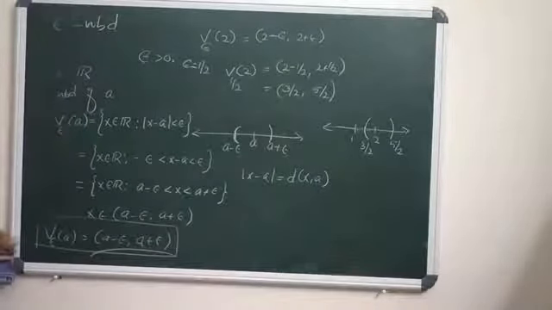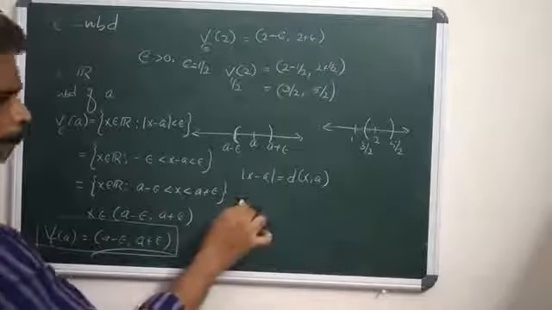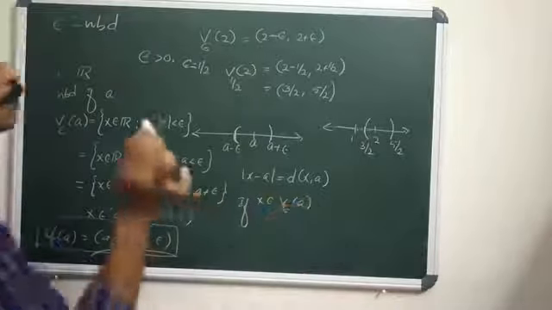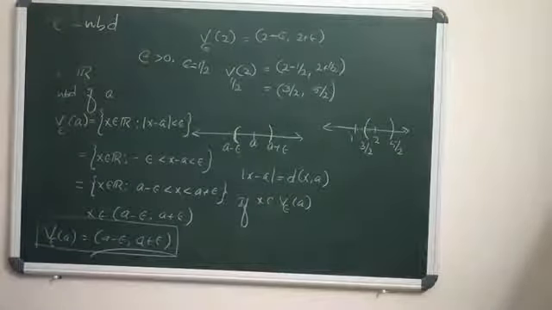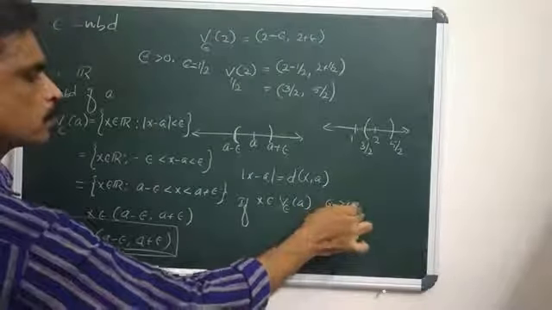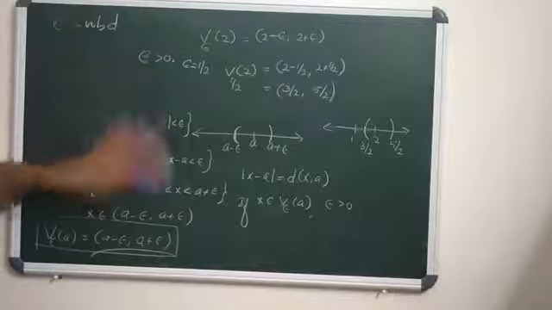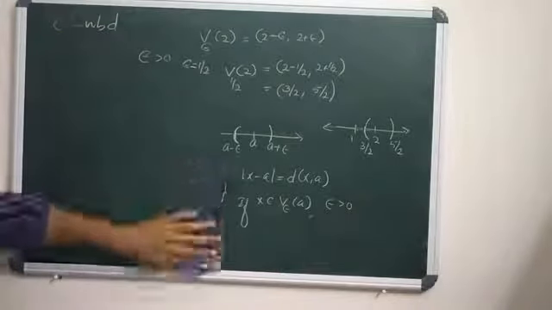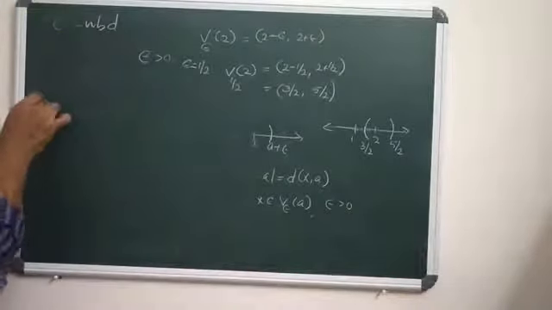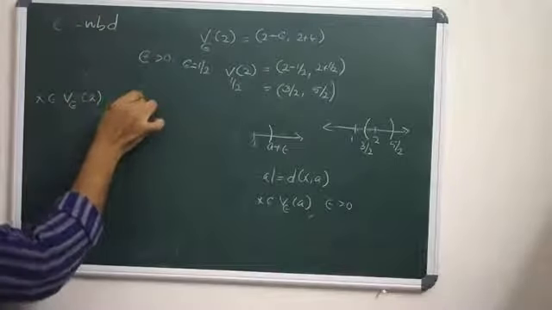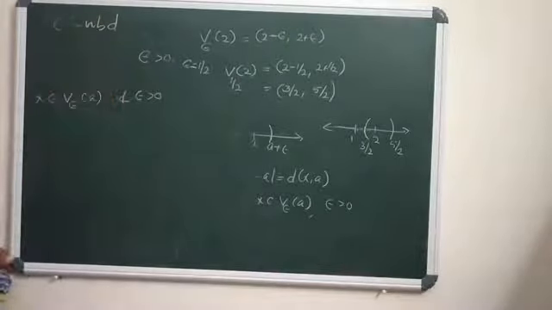If x falls in V epsilon A, where epsilon is positive, x falls in V epsilon A for all positive epsilon.